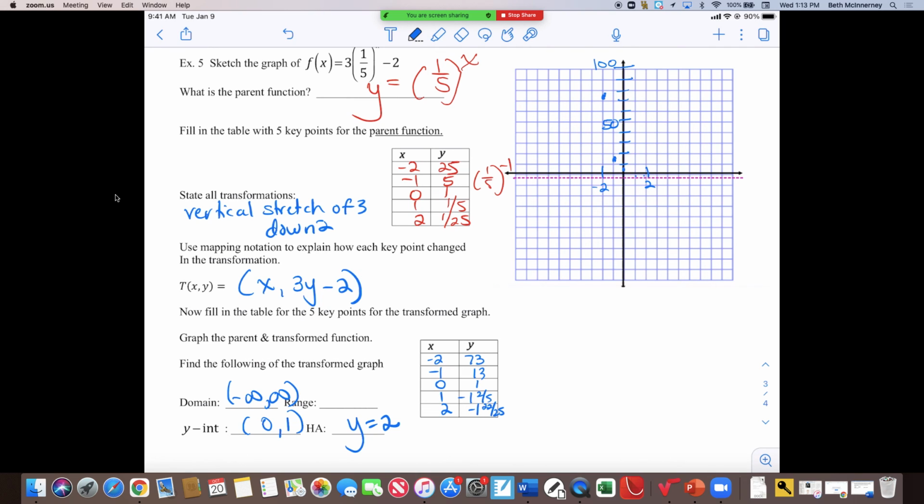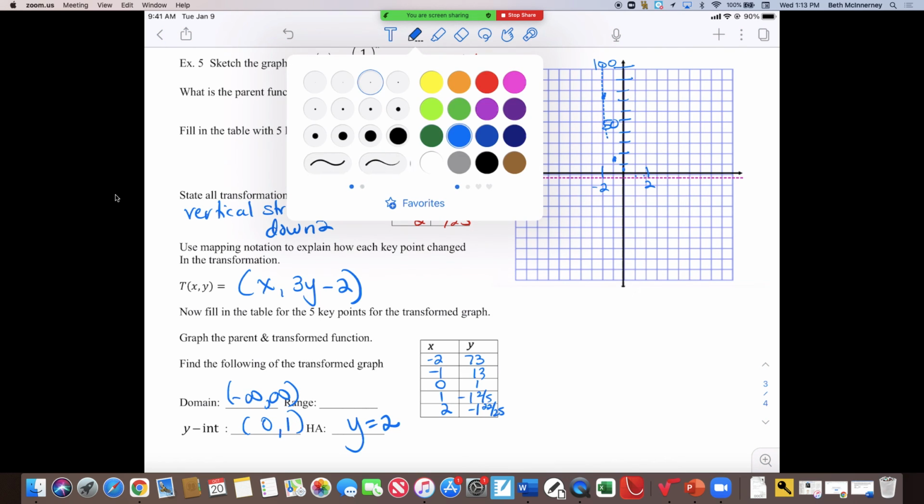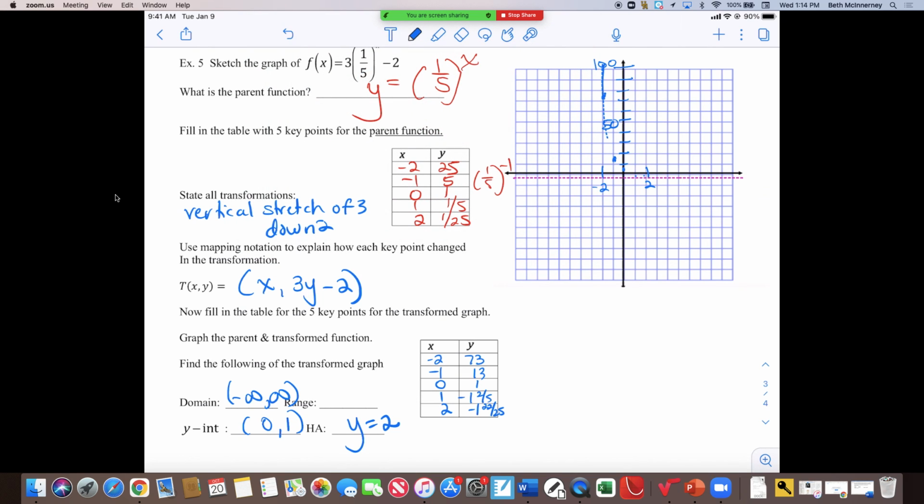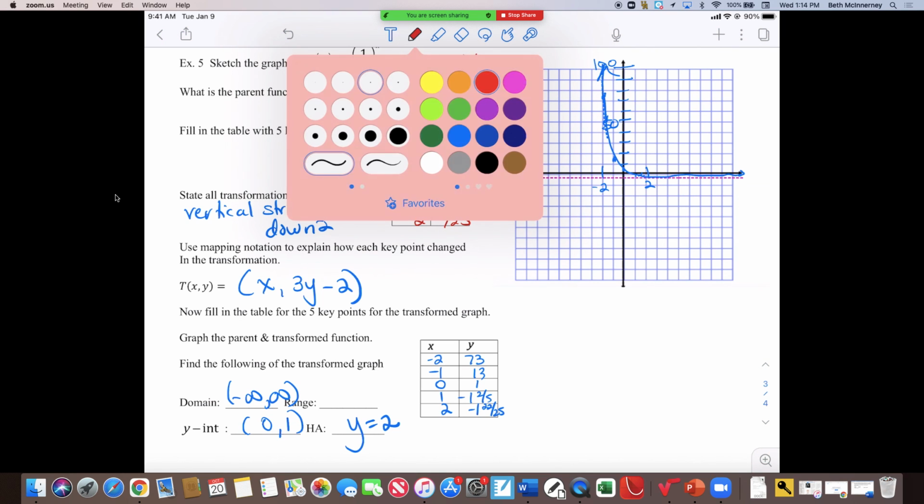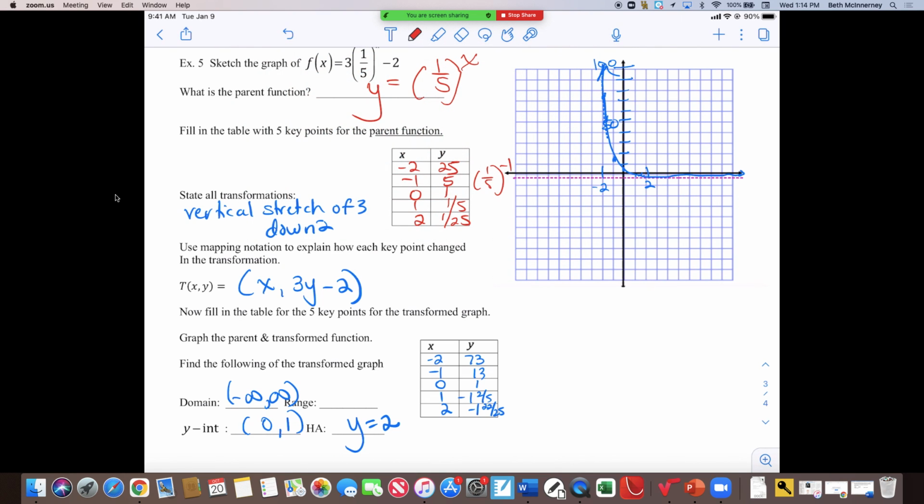And then those are going below the x-axis, but just a teeny tiny bit. And then this one stays above the x-axis like that.